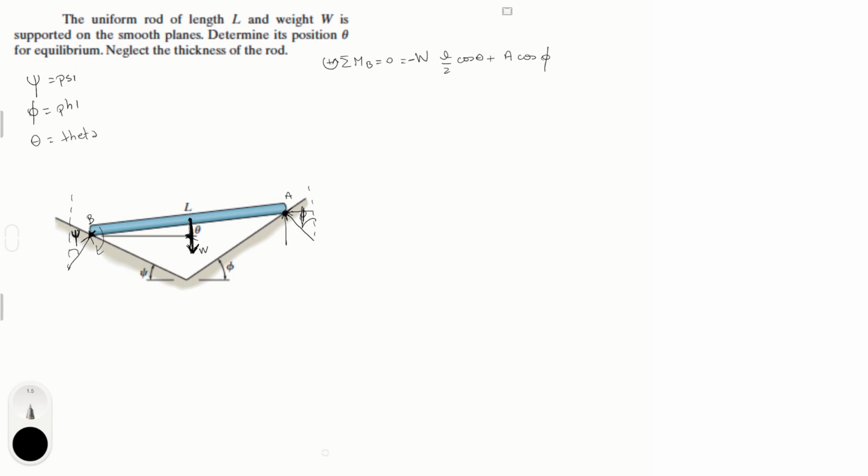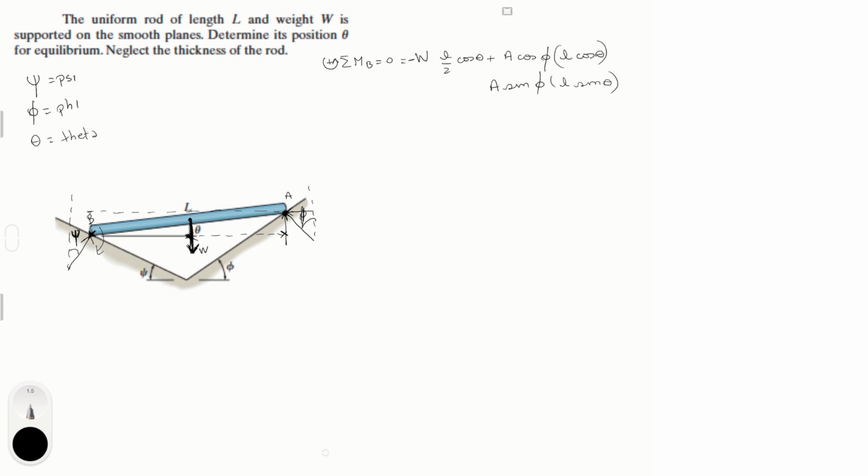And the length from here to B is equal to L cosine of theta. And then the x component of A, which is A sine of phi, and it's trying to turn the distance from here to B, and that distance is given by L sine of theta. So this is one of our first equations.